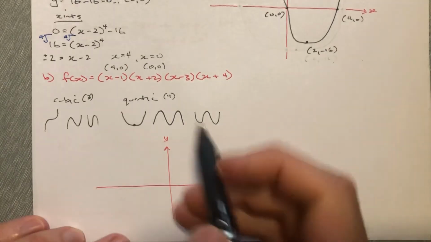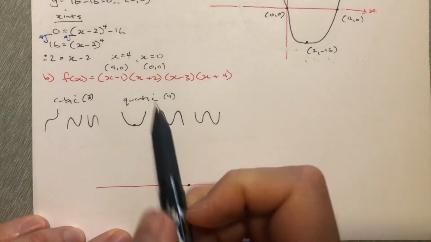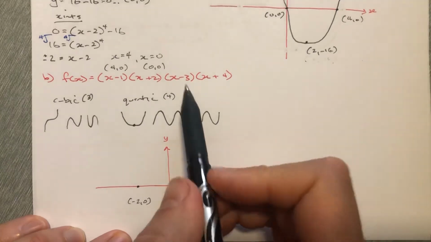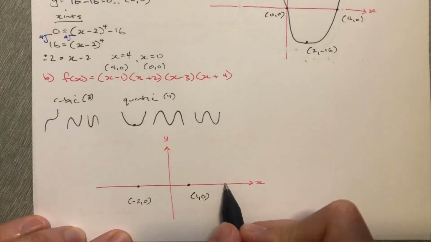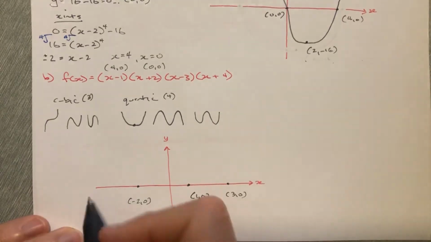We have an x-intercept at 1. We have one at -2. We have one at 3. And we have one at -4.